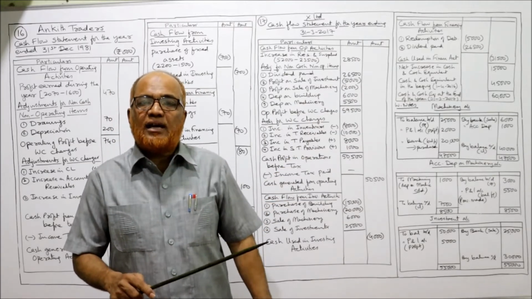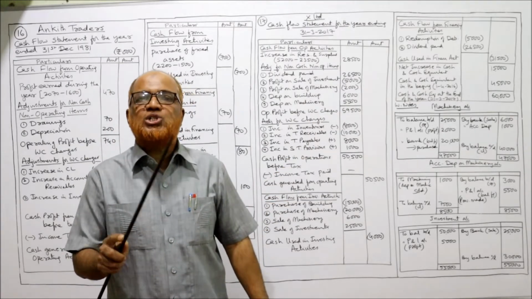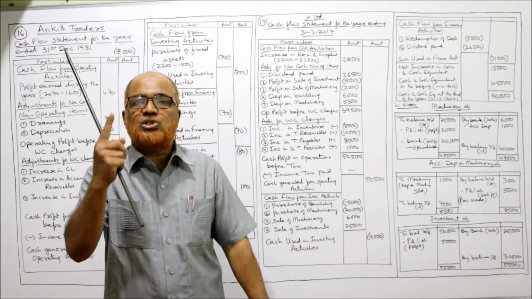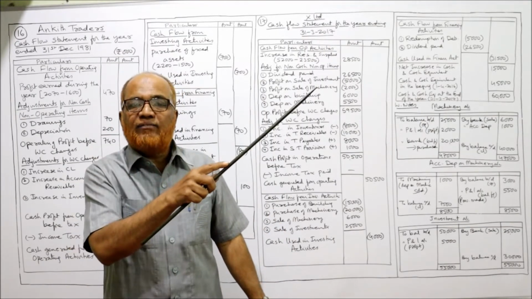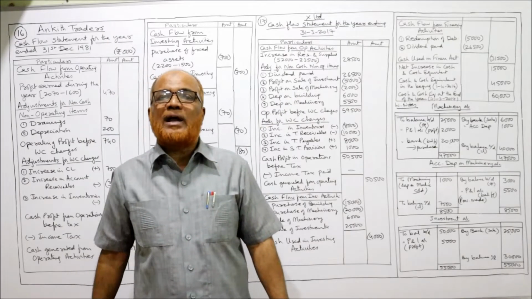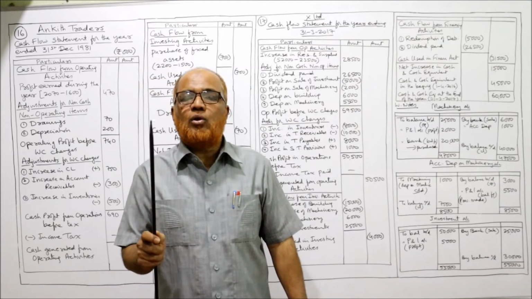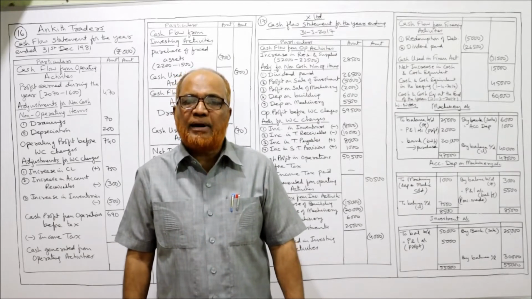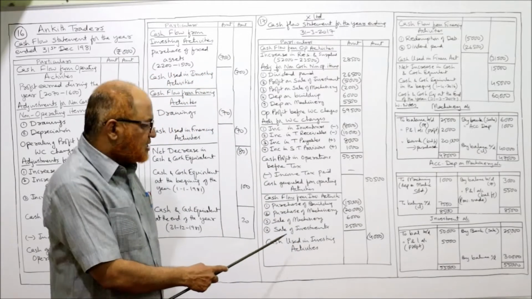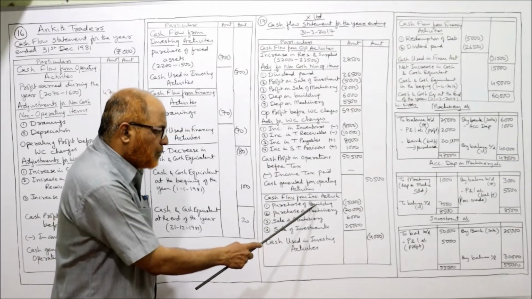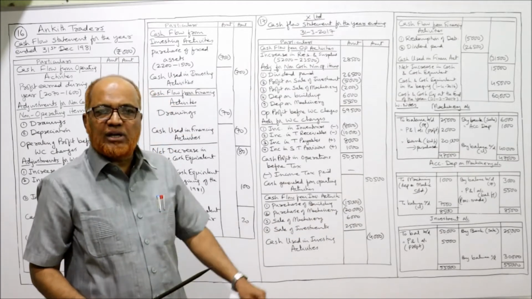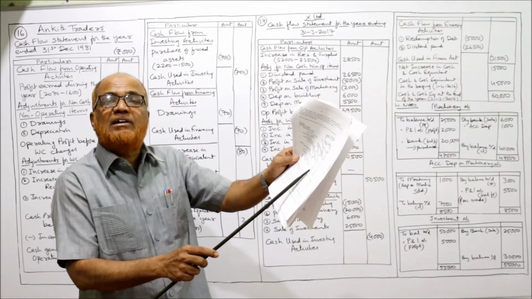So from 85,000 it has increased to 1 lakh. So 15,000 rupees land and building purchased. So investing activity, purchase of building 15,000 in bracket. How did you get 15,000? 1 lakh minus 85,000.